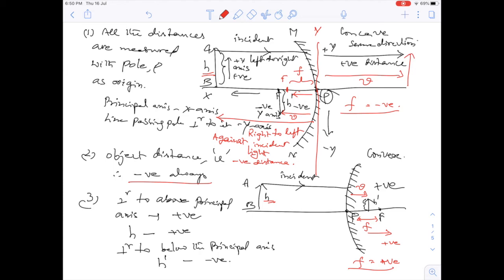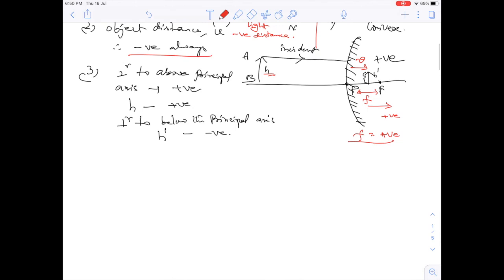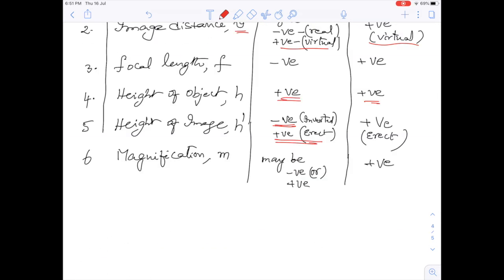If the image is behind the mirror, virtual and erect, it will be above the principal axis, therefore h dash will be positive. And in the case of a convex mirror, the image is always above the principal axis because it is behind the mirror, virtual and erect, therefore it is positive.